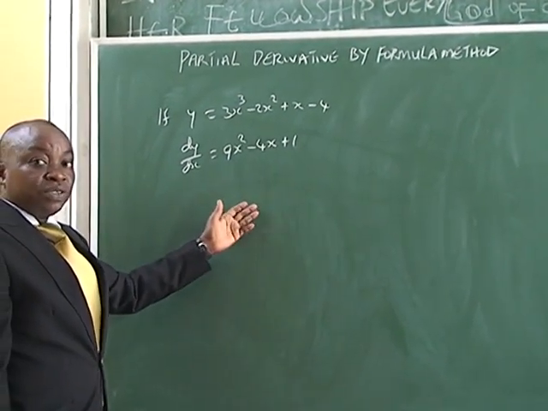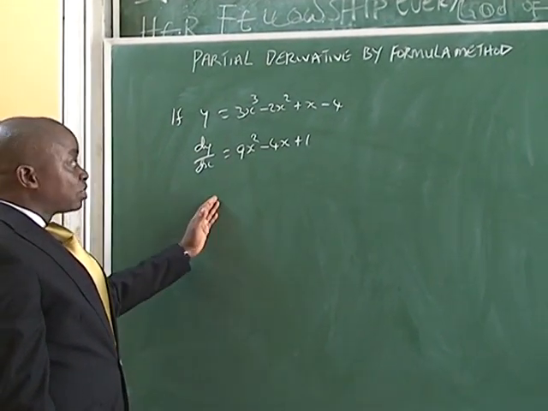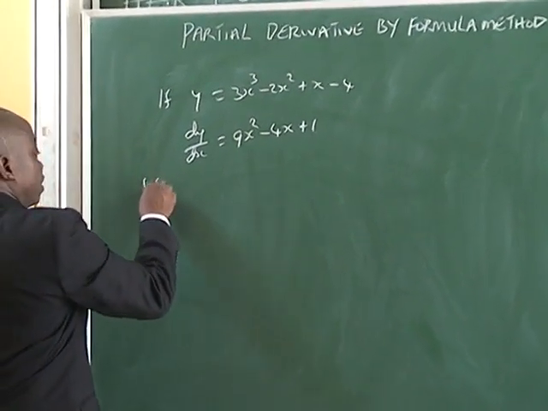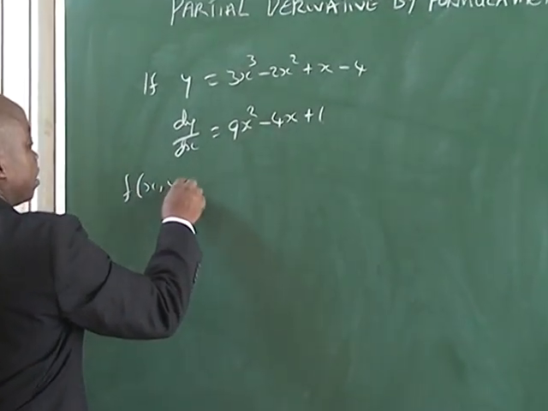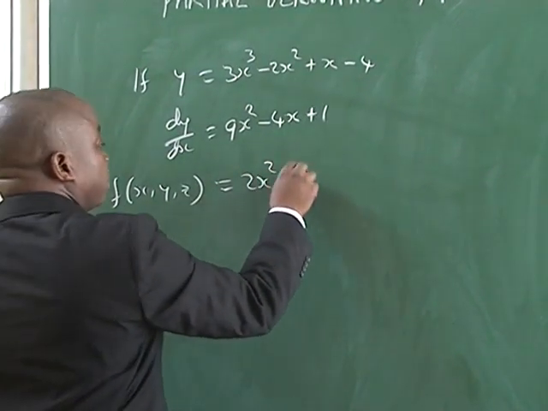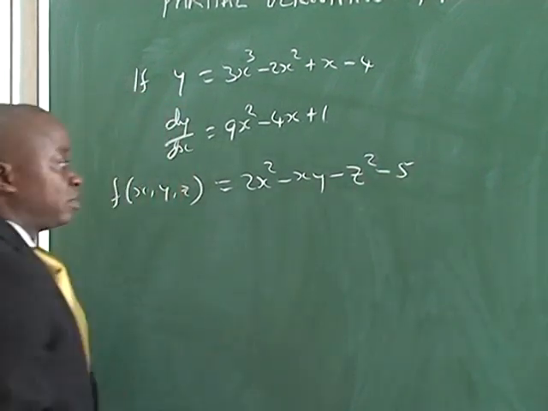That is a function of one variable. So we can also use this approach for function of several variables. For instance, let's just write back the function we just finished. F of x, y, z equal 2x squared minus xy minus z squared minus 5.